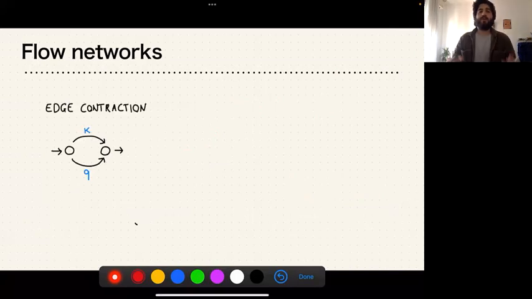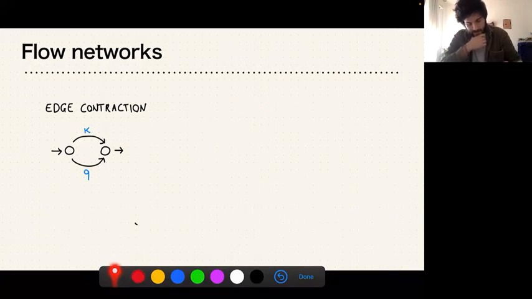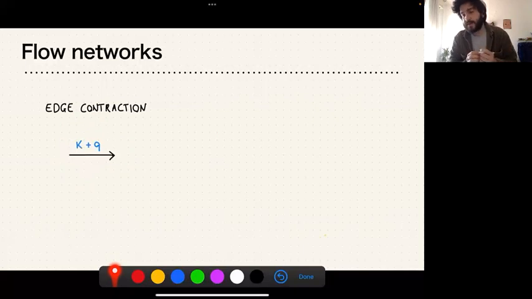Now let's look at some operations I can do on parts of flow networks. One of them is edge contraction, which says that whenever I have a network, or a piece of a network, in this shape, with an edge labeled k and an edge labeled q, all having the same source and target, then I can contract them and represent them as a single edge with k plus q capacity.